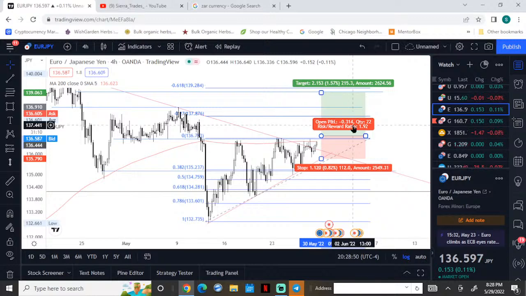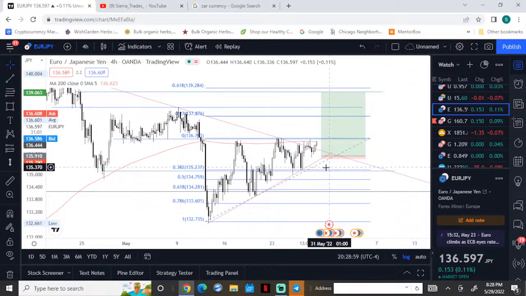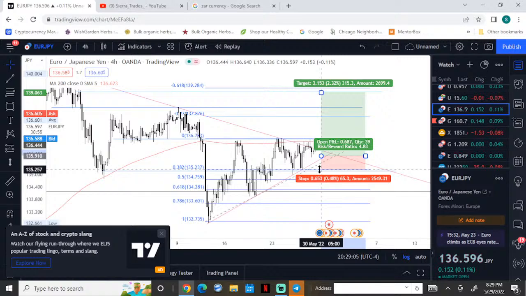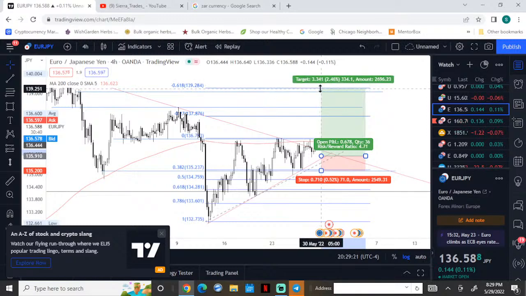That can't be right because I am in profit. Okay, it's not right. 135.910. There we go. Stop loss right here, 65 pips. I'm gonna bring it down just a little below that wick. 71 pips, 135.200. 100 pips. TP 338 pips.